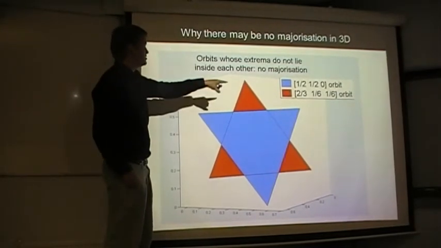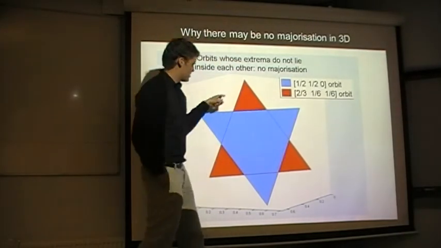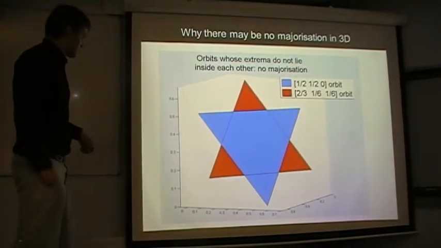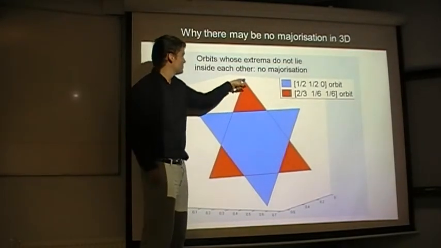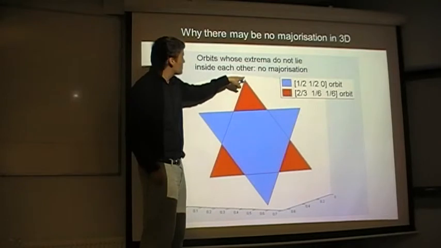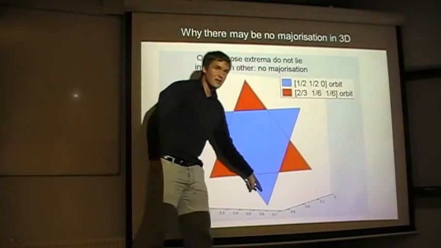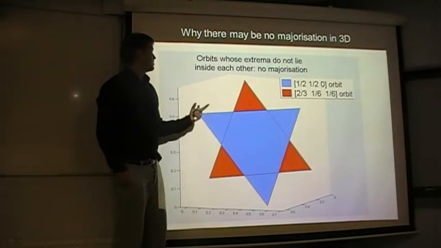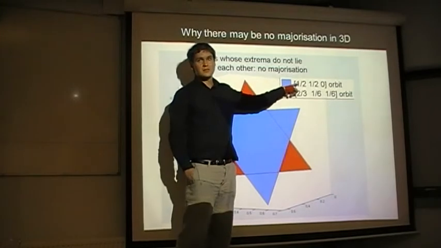So then you see that, okay, this state, 2/3, 1/6, 1/6, is one of them, and the others are the permutations of it. Let's just say this is one of the states on the orbit. This guy is outside of this triangle, right? So that means this guy is not majorized by this state.